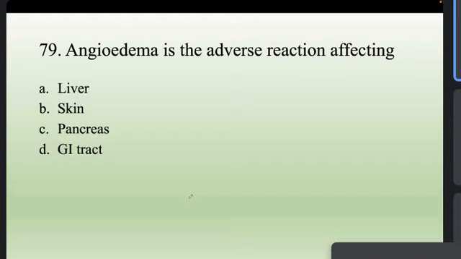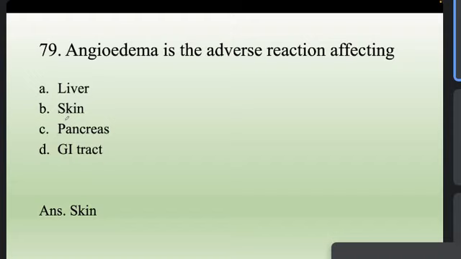So angio is nothing but blood vessels. Edema means swelling. Usually angioedema is swelling of peripheral parts, like your feet, under your eye, your neck, or your finger swelling. And where do we see it first? We do not see it first in the liver, pancreas or GI tract. The immediate organ is skin. So the answer is skin.